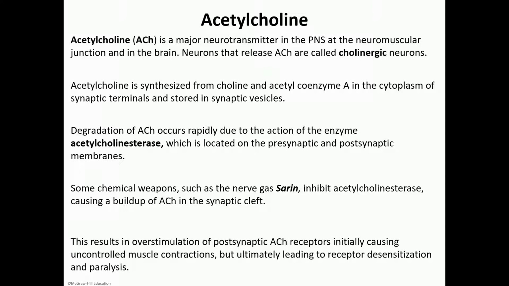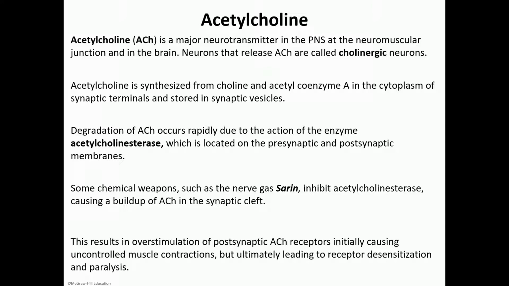Acetylcholine is synthesized by the combination of choline and acetyl-CoA. That happens in the cytoplasm of the neuron. And then when acetylcholine is released, we break it down by an enzyme known as acetylcholinesterase. That acetylcholinesterase enzyme is found in both the pre- and the postsynaptic membranes.